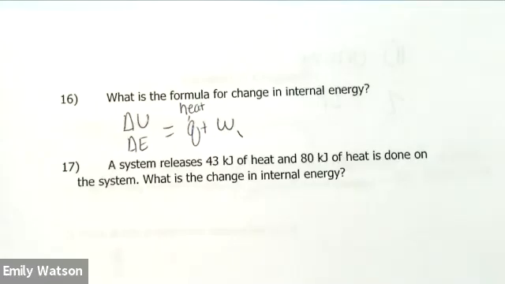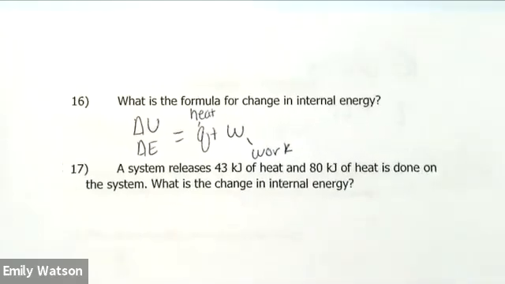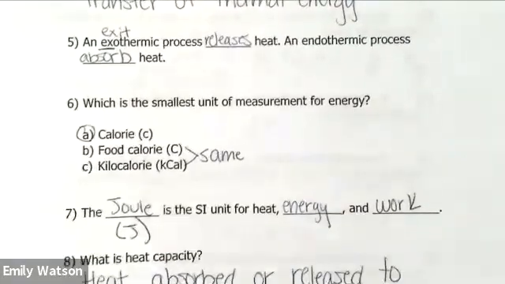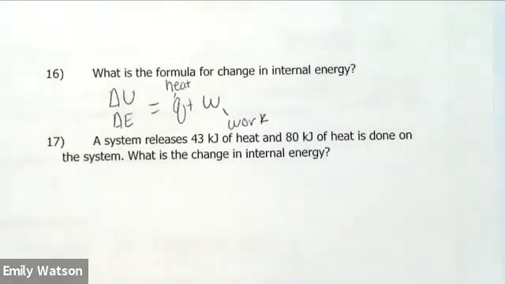What is W? The word starts with a W. I'll give you. Work, yes. So here we have energy, we have heat, and we have work. So I want to go back to this, number 7. The joule is the SI unit for heat, energy, and work. Everything you do in this equation should be in joules or kilojoules.